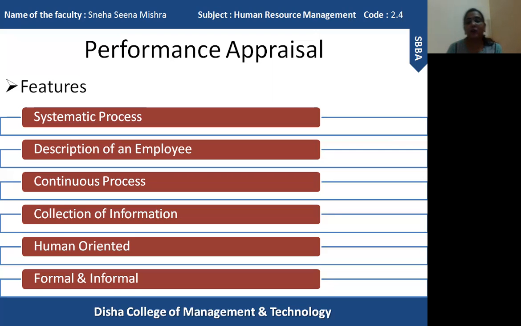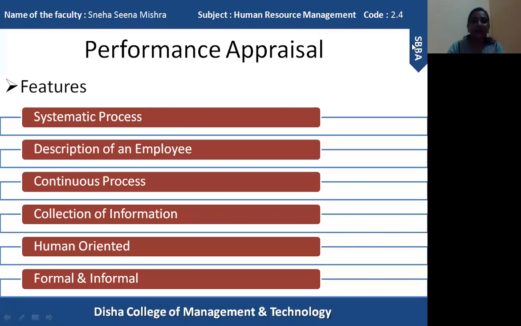So it collects all the information in terms of potential, information regarding the behavior, regarding attitude of the person, how well the person accepts challenge, how well the person accepts or follows orders, each and every aspect of a job, and how the person has performed in each and every aspect of the job. Information regarding those elements is collected.